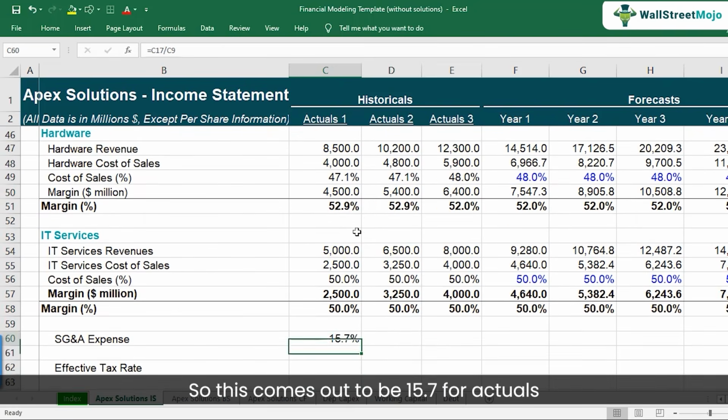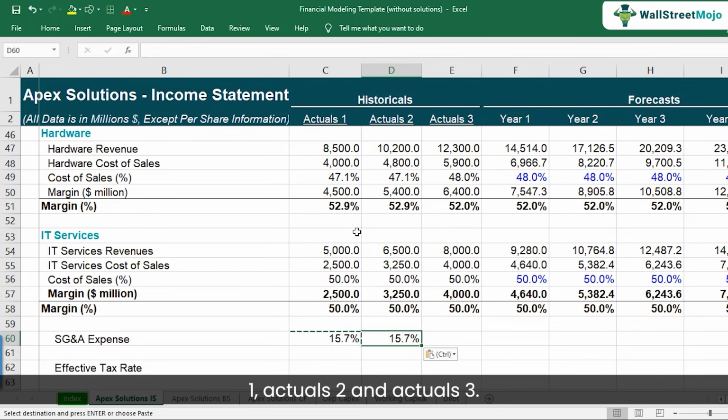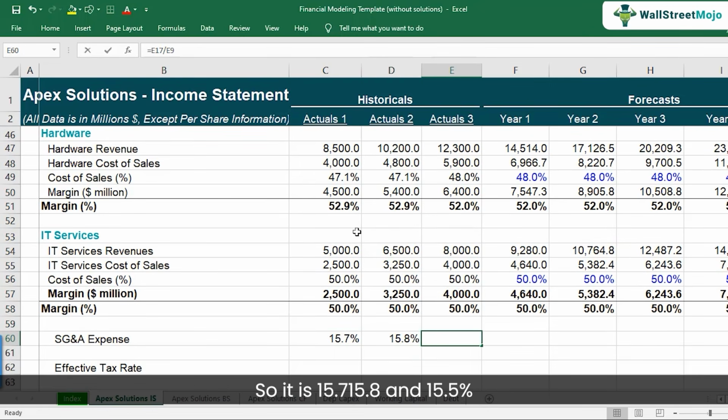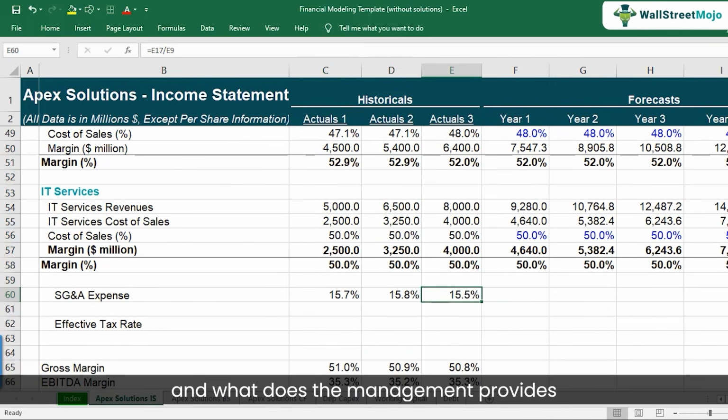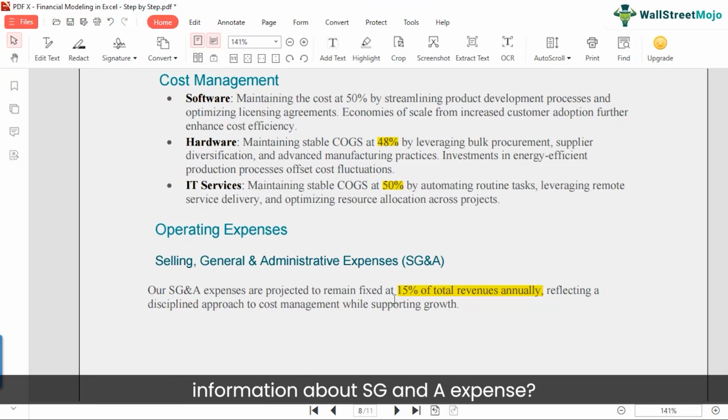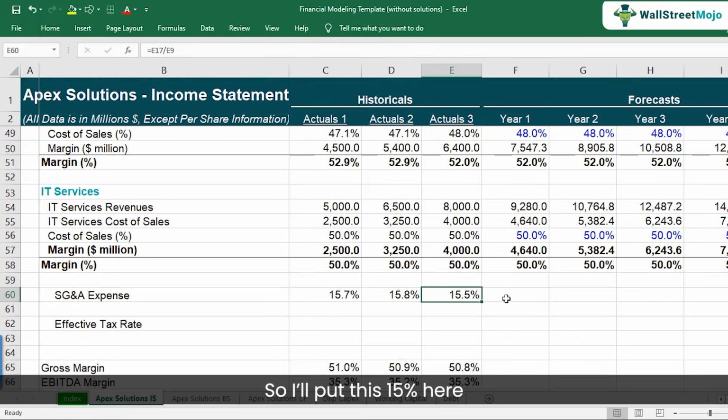So this comes out to be 15.7 for actuals 1, actuals 2, and actuals 3. So it is 15.7, 15.8, and 15.5%. And what does the management provide as information about SG&A expense? It is 15%. So I'll put this 15% here.